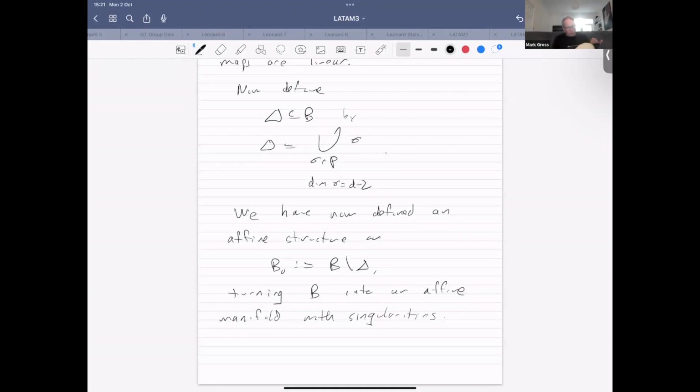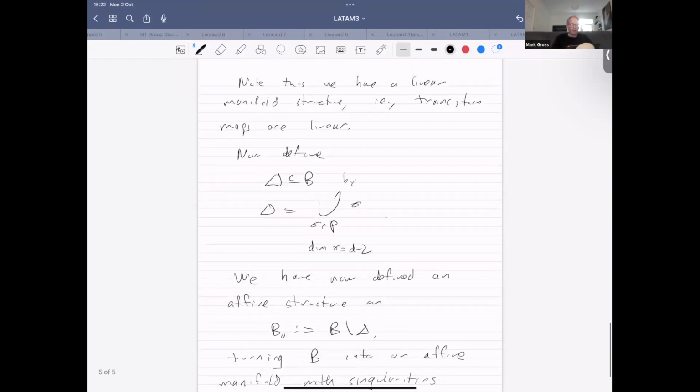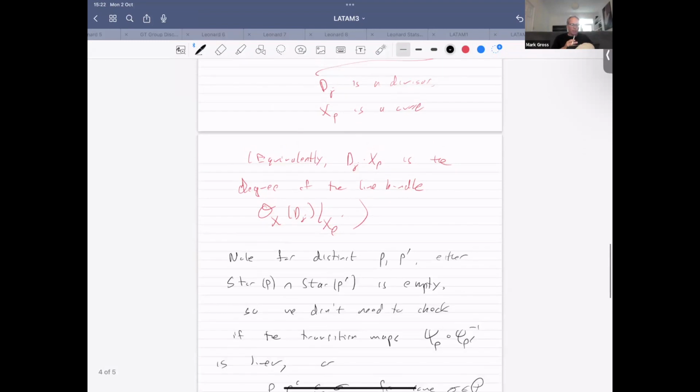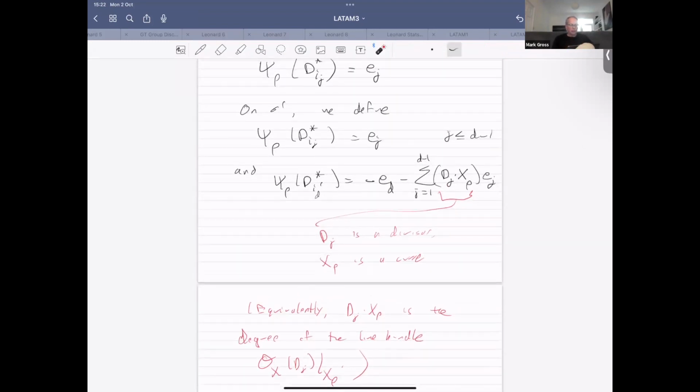This one has a bit of a different flavor, but it still is playing the same role. So the idea is that somehow from the geometry of the pair X, D, we get fairly cheaply an affine manifold with singularities. And notice it doesn't use that much more information than we had in B itself. All we do is we encode these intersection numbers.